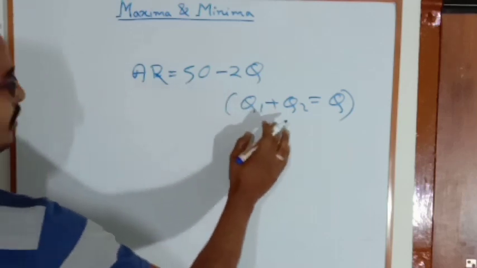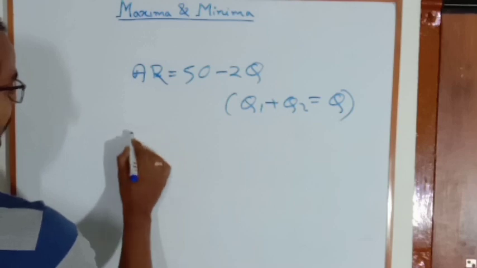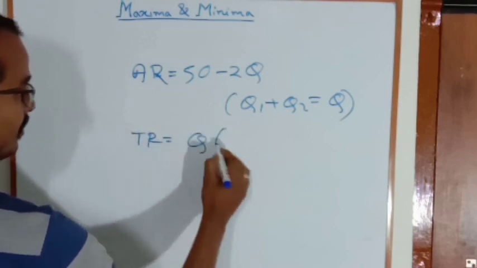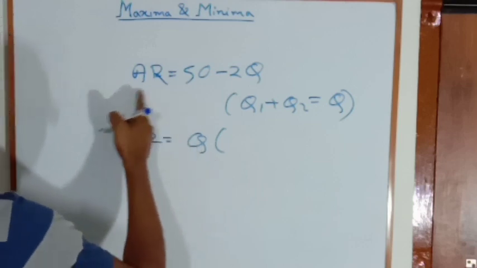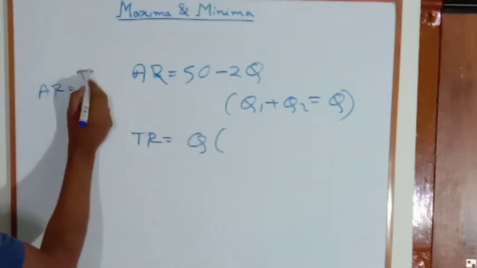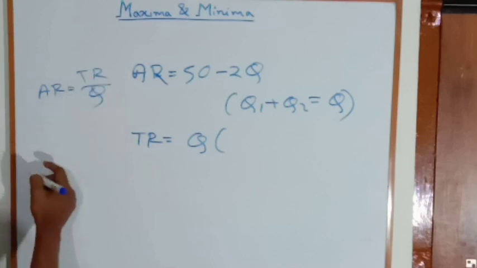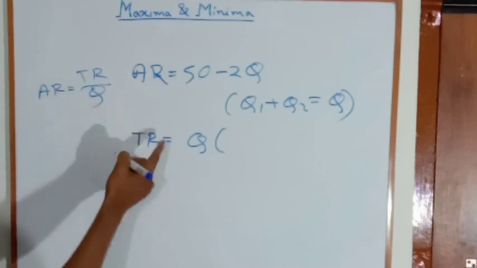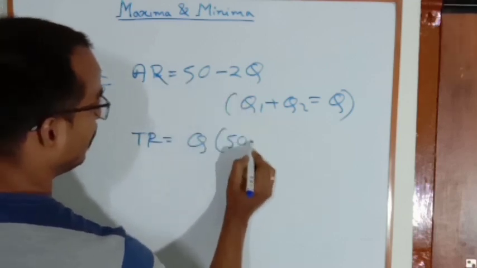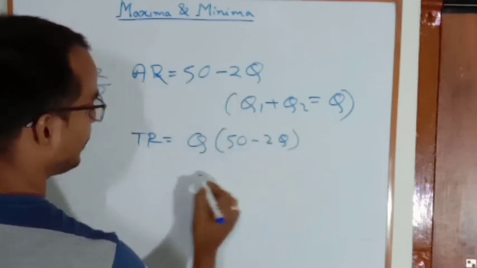How do we get it? Don't do it directly. Your TR will be Q into AR. What is AR? AR equals TR by Q. So TR will be Q into AR, which means Q into 50 minus 2Q.